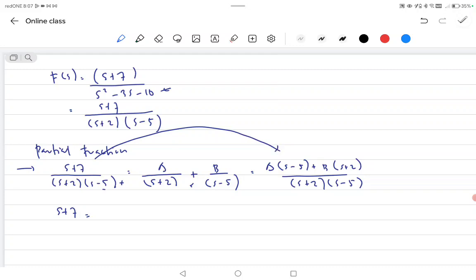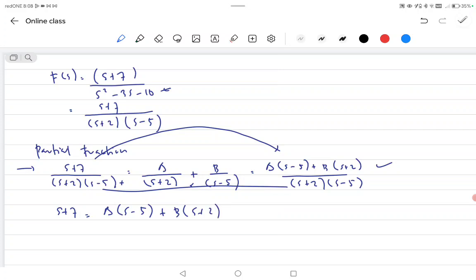Since the bottom is similar, we just consider the numerator: s + 7 is equal to A(s − 5) + B(s + 2).